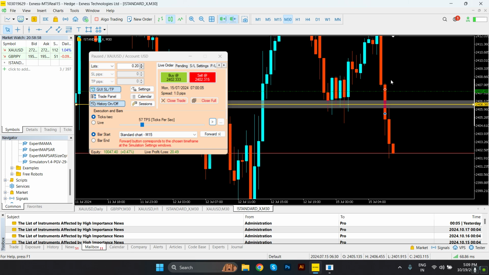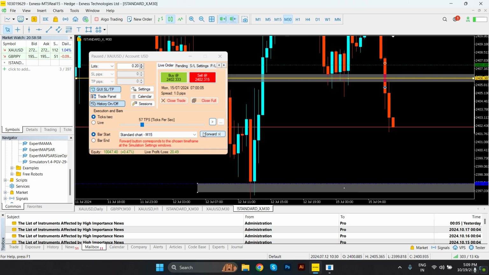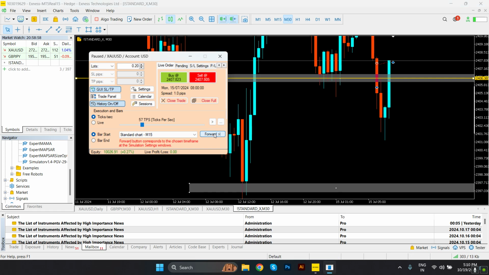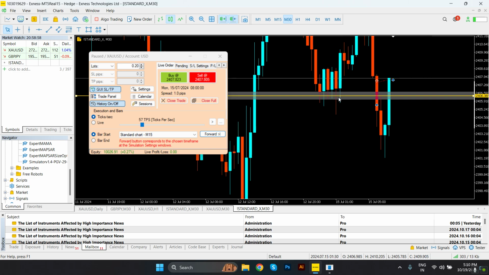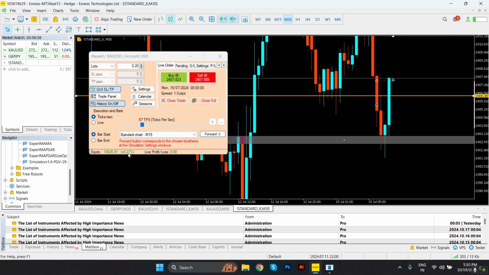I would have kept my stop loss above this candle, and I would have anticipated that this candle would wake up and then go down, which eventually did. Probably here I would have closed the position when this candle broke the high of the previous 30-minute candle, but it's all right, we already made our money.